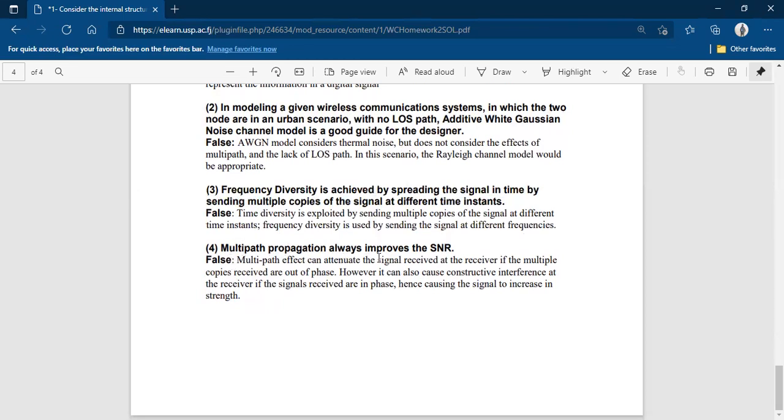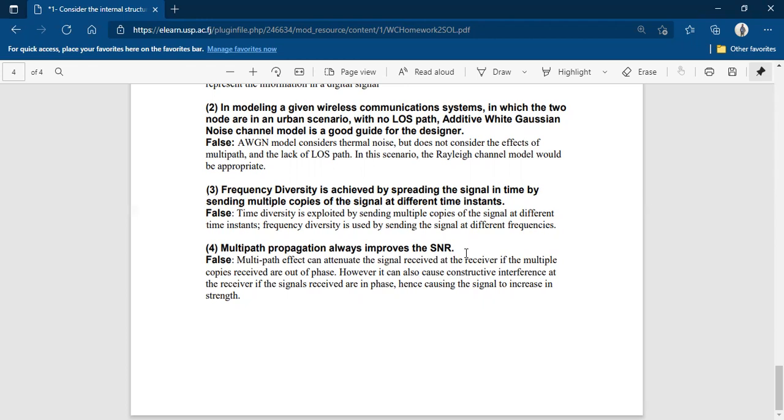Multiple path propagation always improves the SNR. No, it is not always true, right? When we have multiple paths, if we have 2 or 3 signals, right? Remember, I showed you the multipath propagation. Remember, what happens is that when the signal hits a disturbance, hitting a particular building and coming back, that obstacle can change the phase of that particular signal, right?